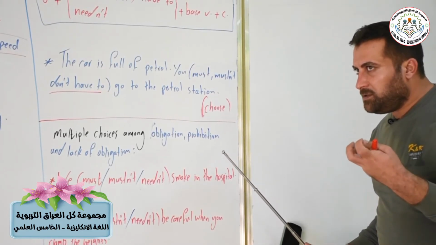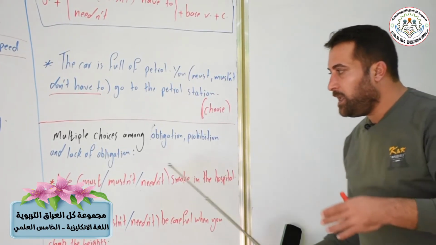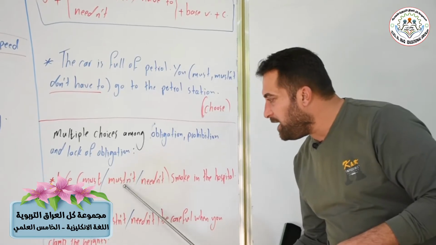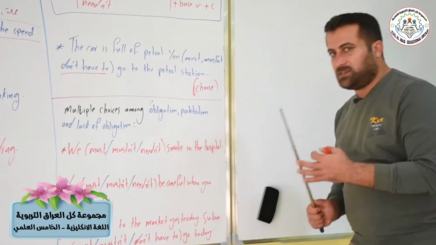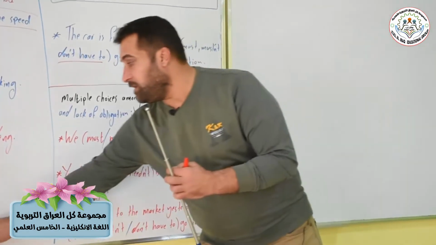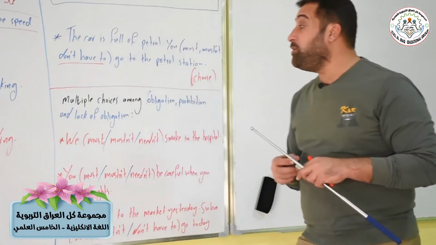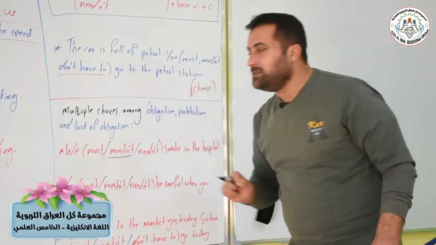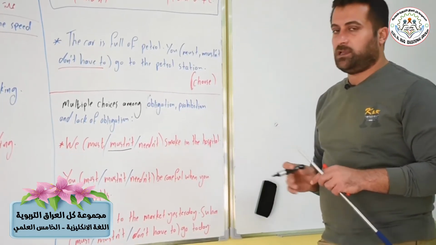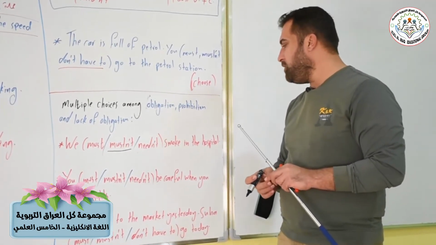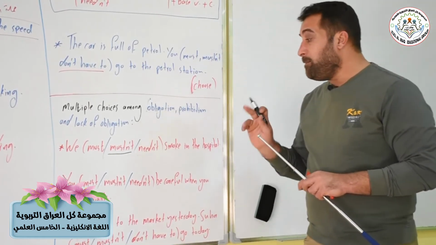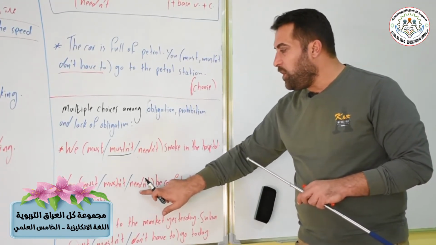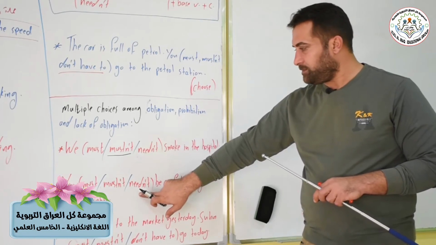According to the meaning, from English to Arabic: you must, must not, or there is no need to smoke in the hospital. This is an obligation. This is a prohibition or prevention. You mustn't smoke in the hospital.